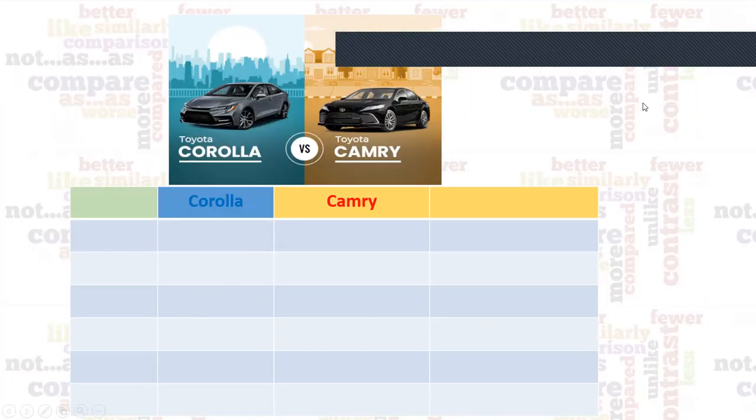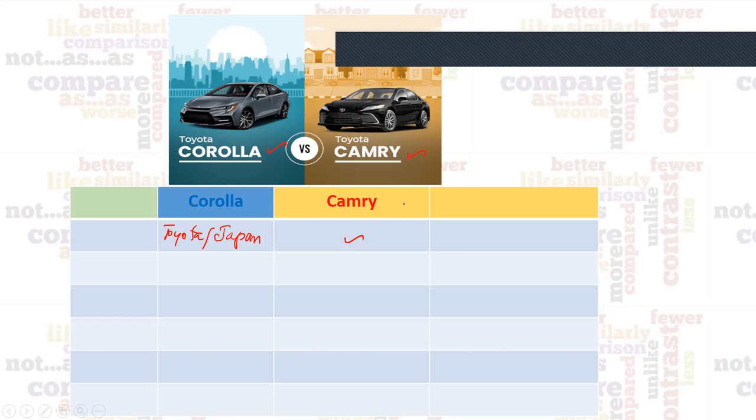To start with an example, we have two cars here. One is a Corolla and another one is a Camry. You're all familiar with these cars, right? What comes to your mind? When you think about these cars, the first thing, it is manufactured by Toyota, and what's the country? It's Japan. Both are the same, no difference.